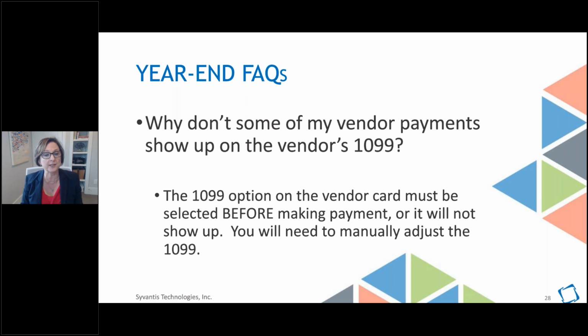This is actually a good thing, because some of our clients have vendors that at times are 1099 vendors during the year, but for other payments are not 1099 payments. So they manually go in and turn it on and off as required to get the 1099 payments correct.